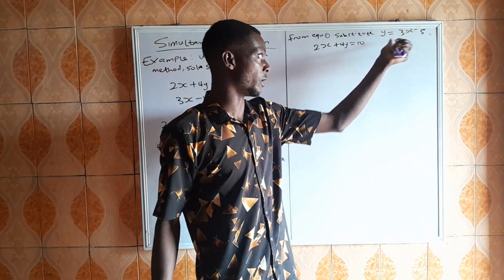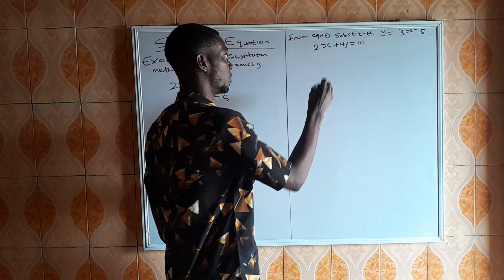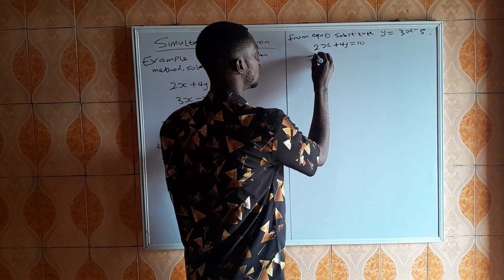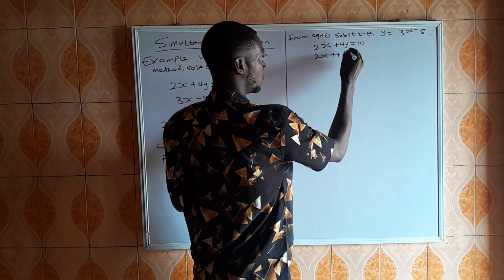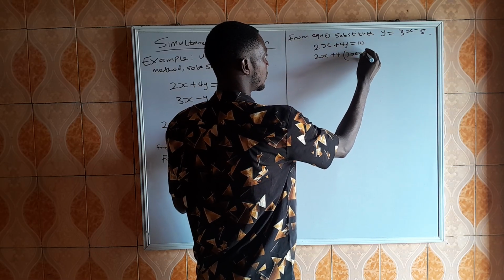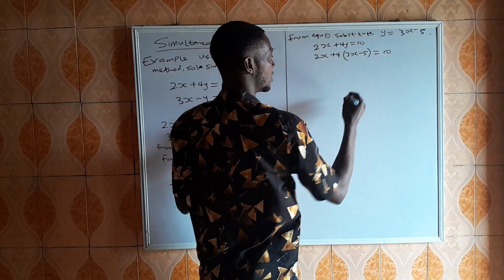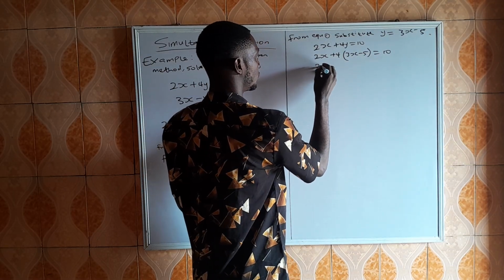When you substitute the value of y into this equation, you have 2x plus 4 times the bracket 3x minus 5, equals 10.